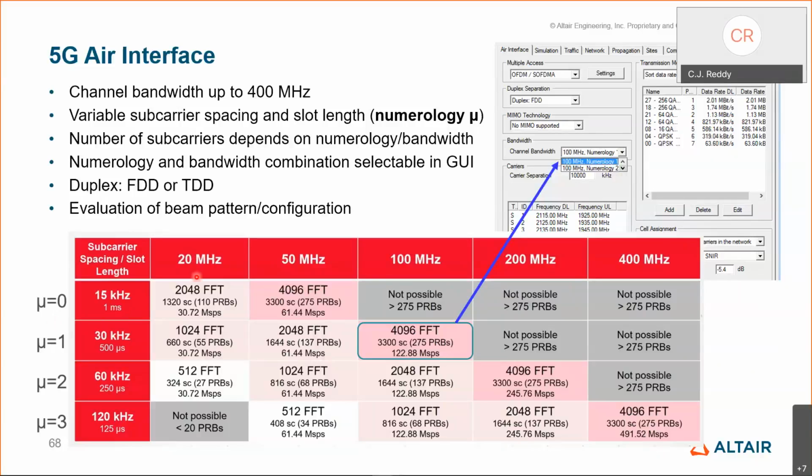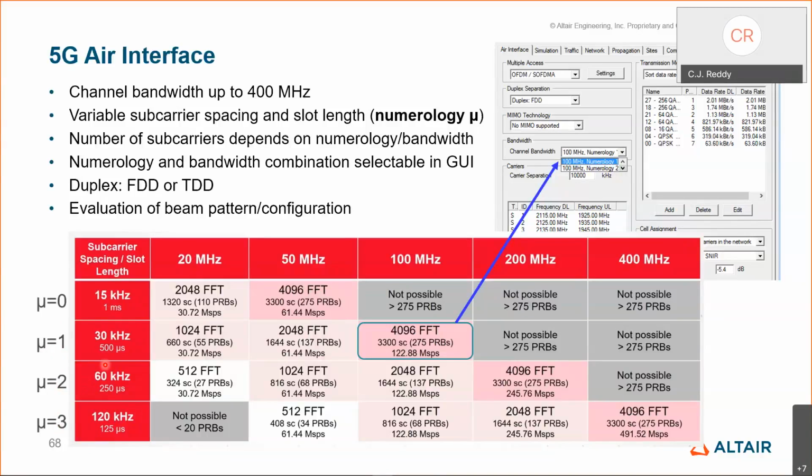Now they have increased that into mu equals 1, 2 and 3, where mu equals 1 means 15 multiplied by 2 to the power of 1. Mu equals 2 means 15 multiplied by 2 squared. And same thing here, 15 multiplied by 2 cubed.